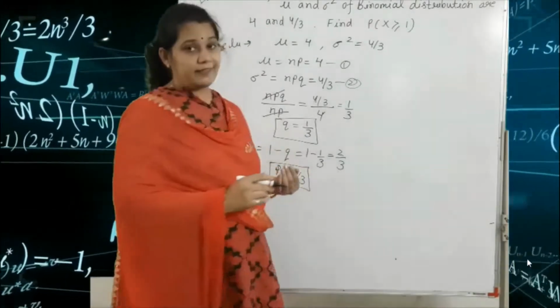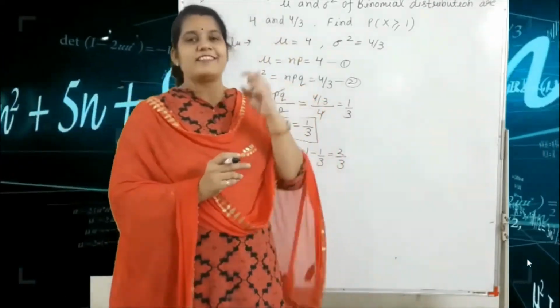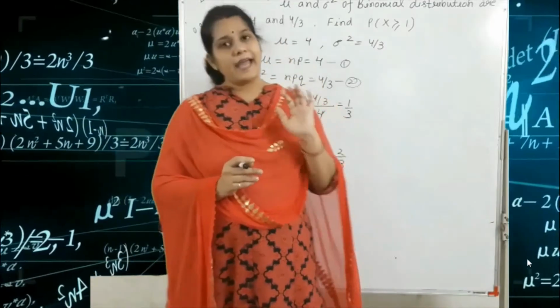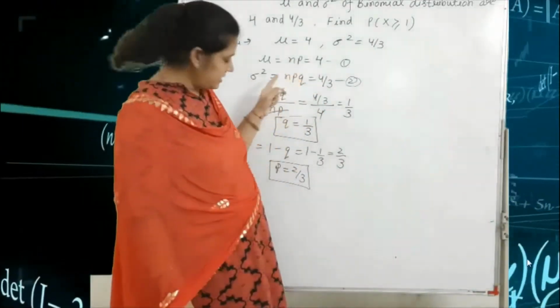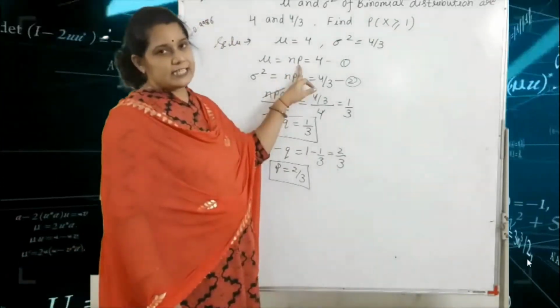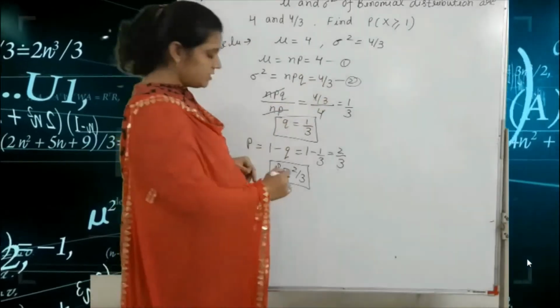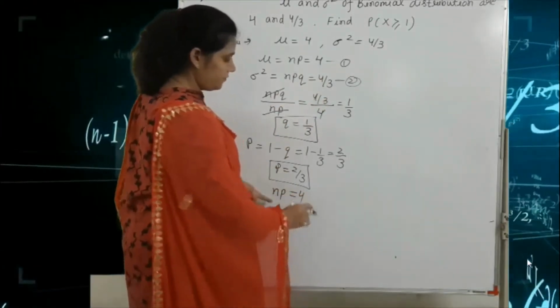After finding the value of p and q, our next step is what? Next step is we find the small n. So for small n, we put the value of p is equal to 2 by 3 in equation number 1. So we get np is equal to 4, given that.